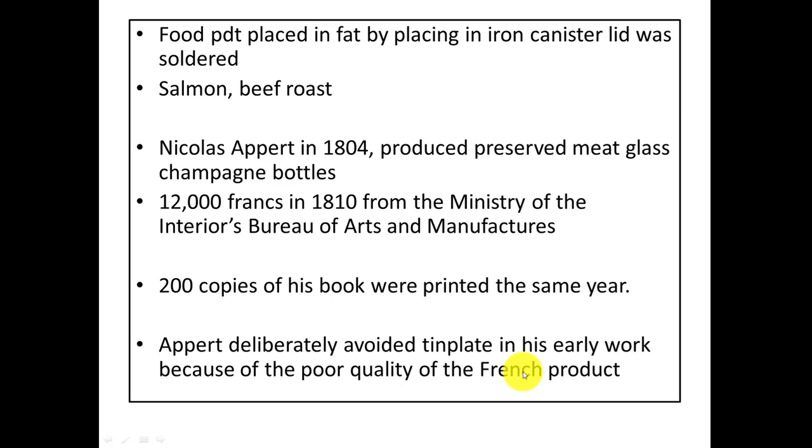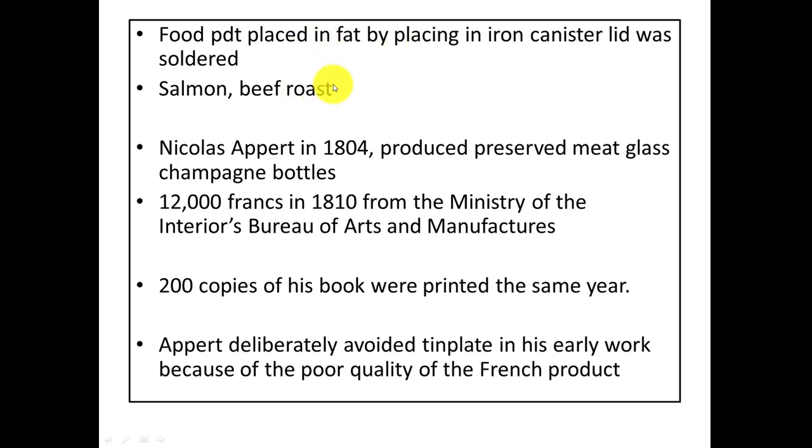After that, there are examples in which food was packaged in canisters made of iron. The food was placed in the canister, it was filled with fat, and later the lid was soldered. The products packaged this way were salmon, beef roast, etc.